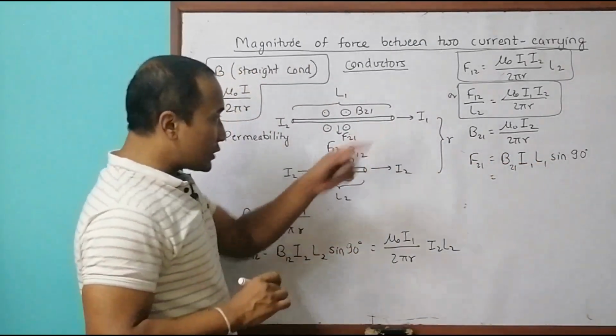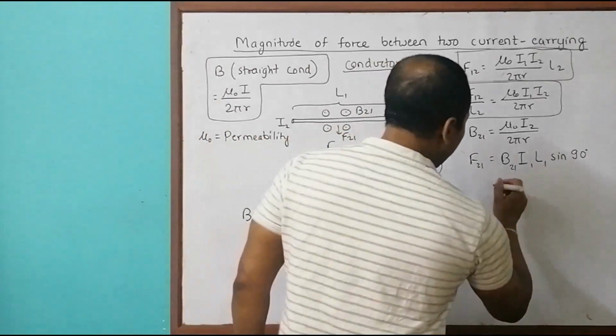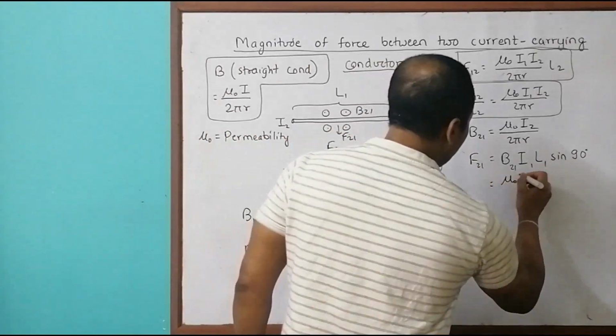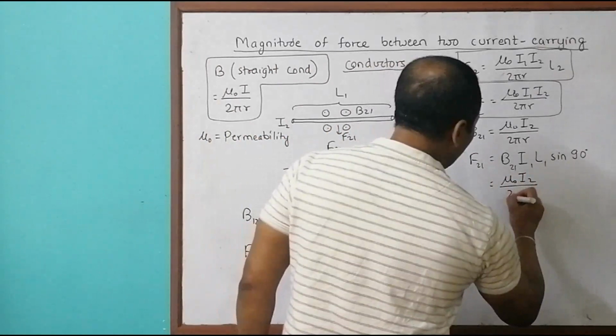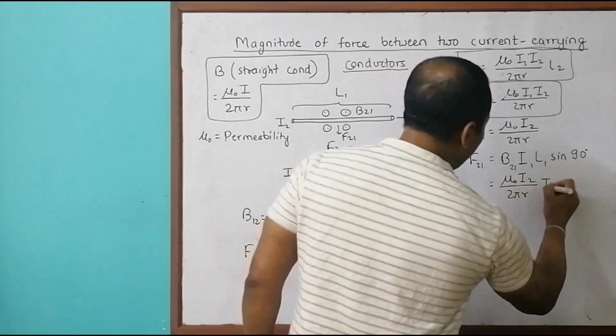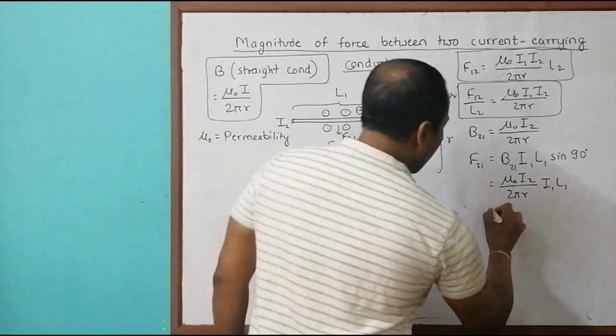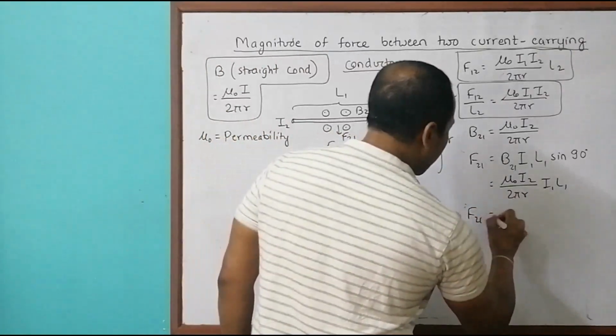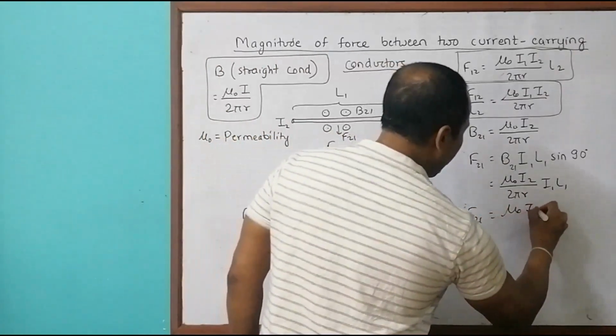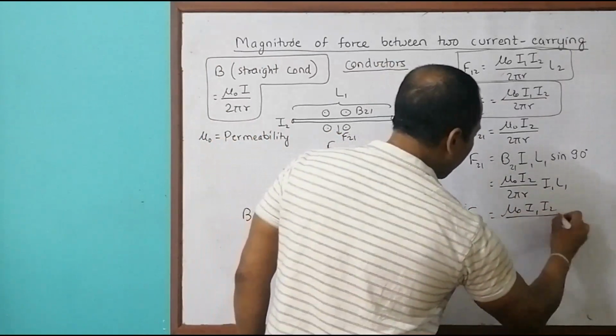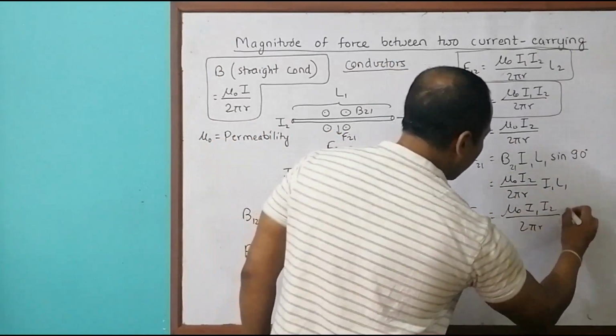So B21 is equal to, let's write the expression there, mu naught I2 by 2 pi R, times I1 L1 sin 90, which is 1. Therefore F21 is equal to mu naught I1 I2 by 2 pi R, then L1.